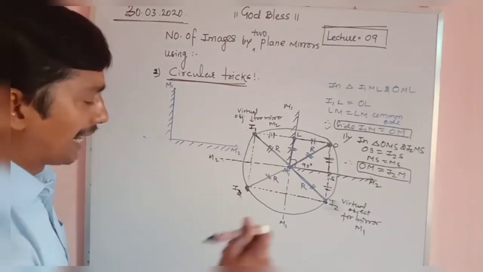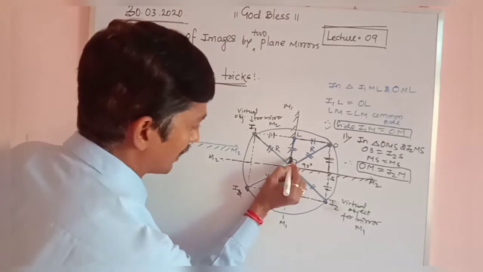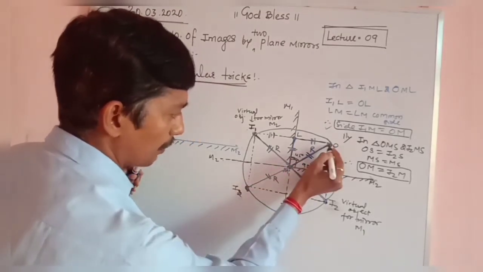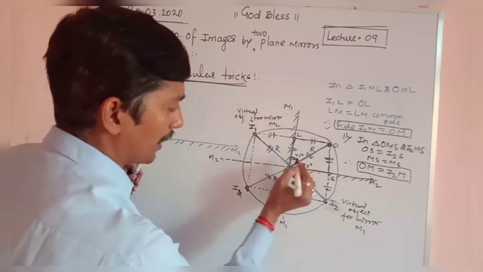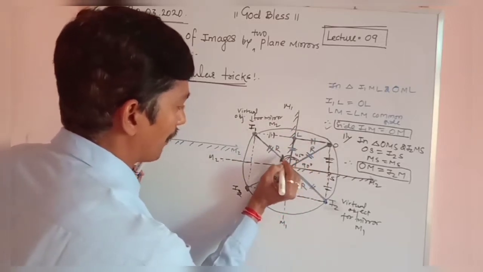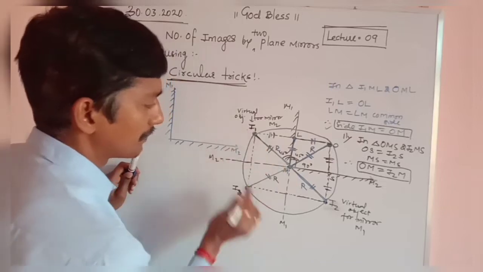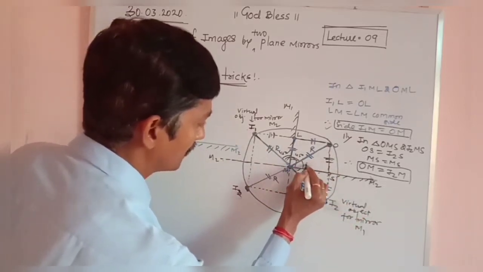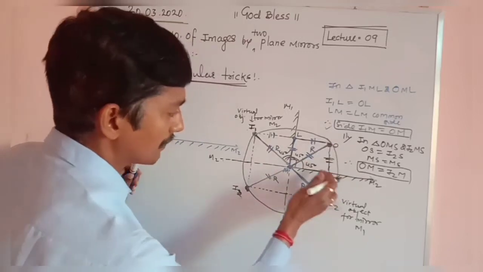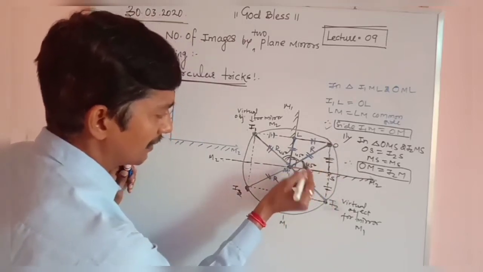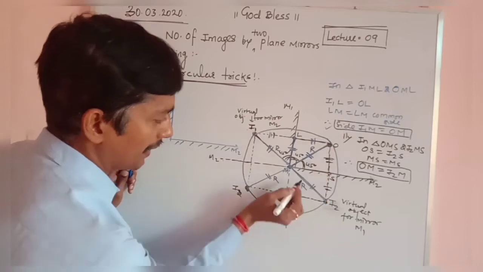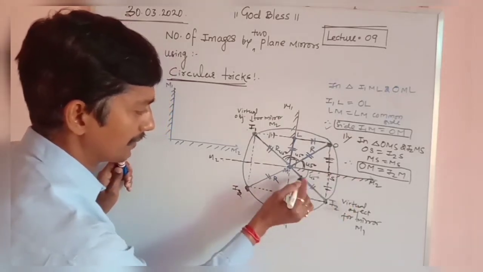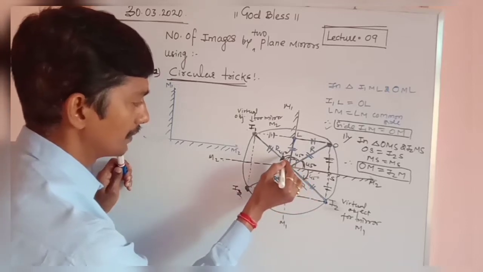So what it means is, here also you can see, this is how much angle? 45 degrees, right? The object is at 45 degrees from mirror M1, and the image forms at 45 degrees from M1. Similarly from M2 also, the object is at 45 degrees, and the image is also formed at 45 degrees from M2.